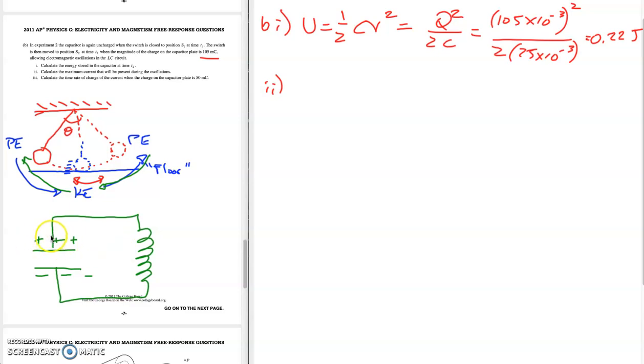But then after a time, after a current has been built up, so over here effectively we have potential energy, and then after a time the current has been built up, and now we have current going through the inductor, and that's analogous to kinetic energy. Once that current is fully built up, that means that there are no charges left on the capacitor.